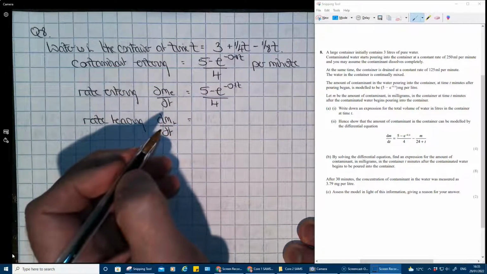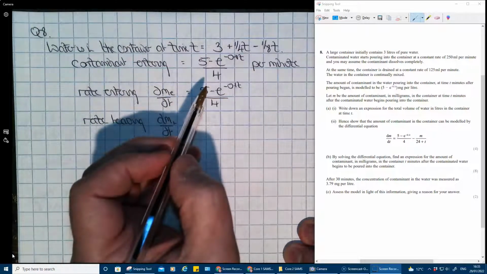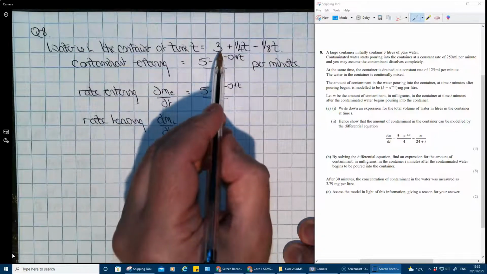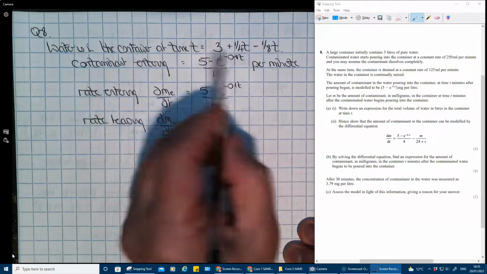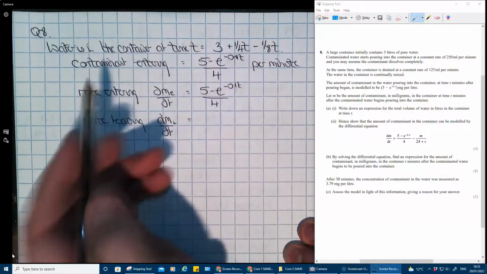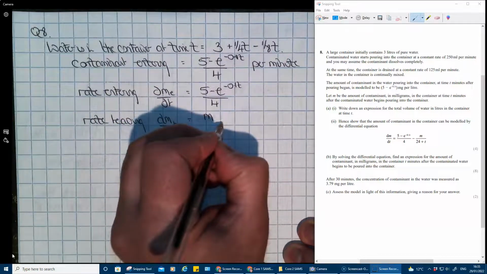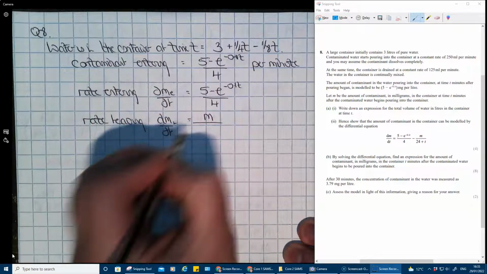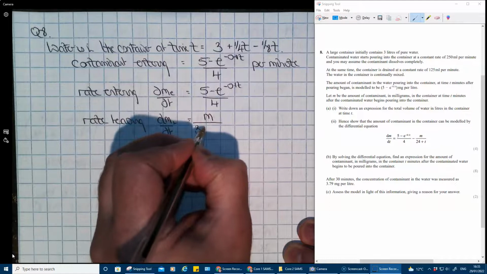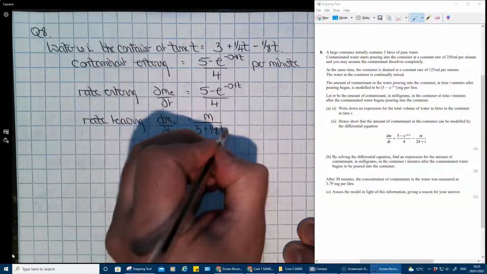Well, what do we know? Here we've got the water in the container is 3 plus 1/8 t, and we know there's m, so it's m over 3 plus 1/8 t.